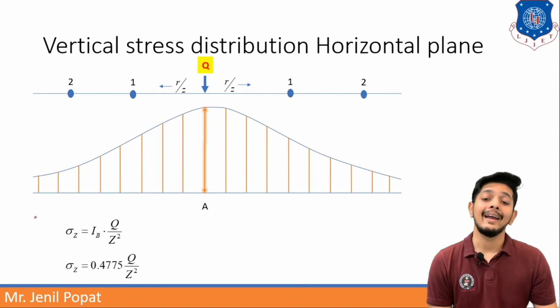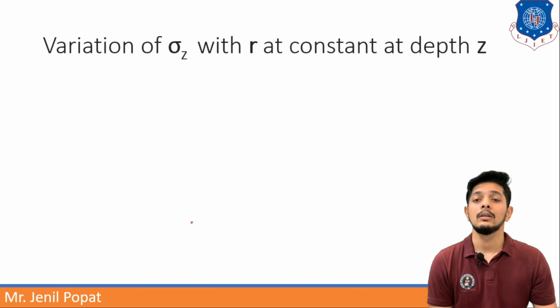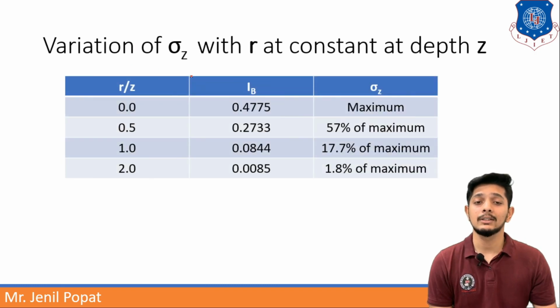Here, if r by z value is 0, then it will be 0.4775 q by z square. In the same way, as the value of r by z increases from 0, the value of sigma z is going to decrease. So we can prepare a chart like this, showing a table of variation of sigma z with r at constant depth z.